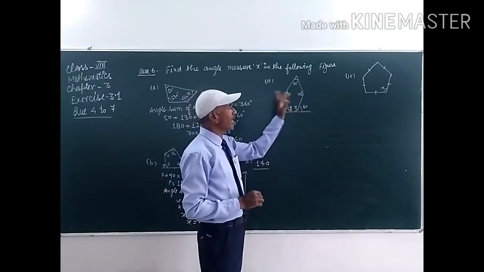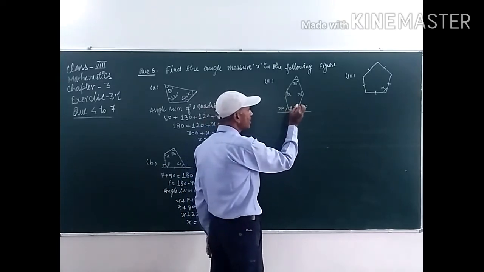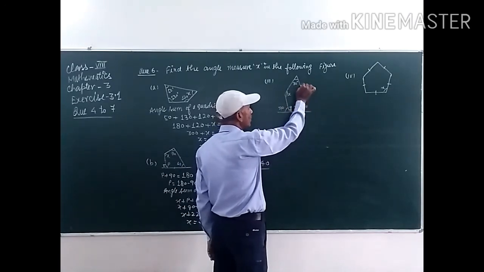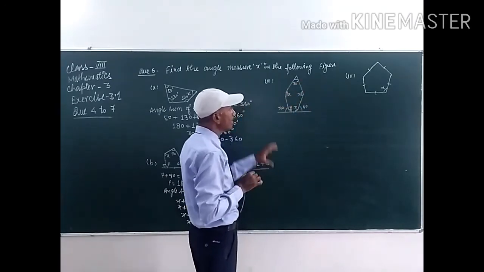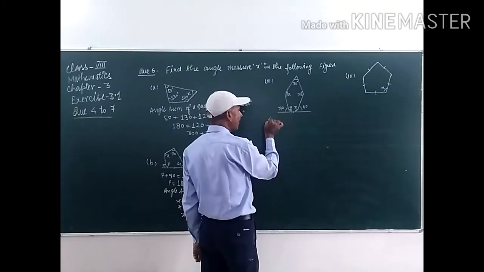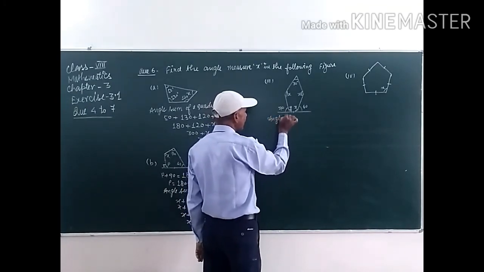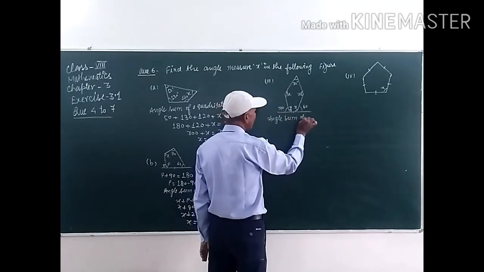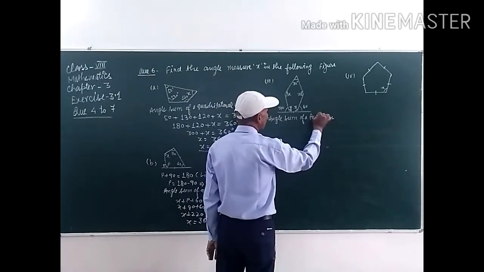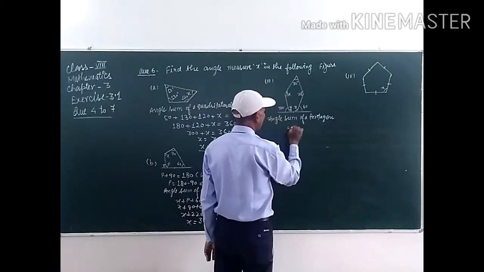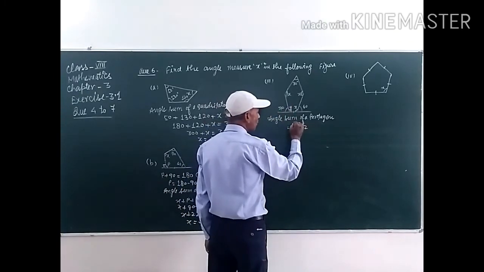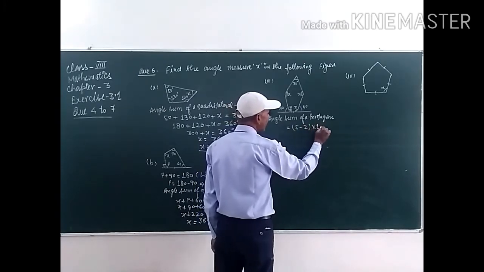Now this figure is a pentagon, students, because it is a polygon having 5 sides: 1, 2, 3, 4 and 5. So the angle sum of a pentagon is 5 minus 2 into 180.